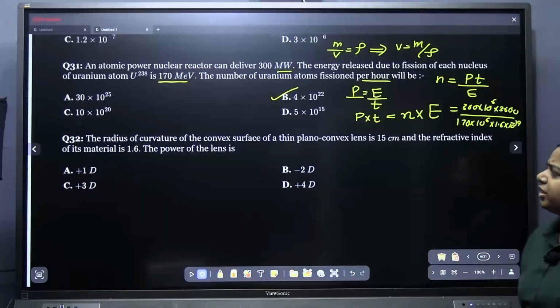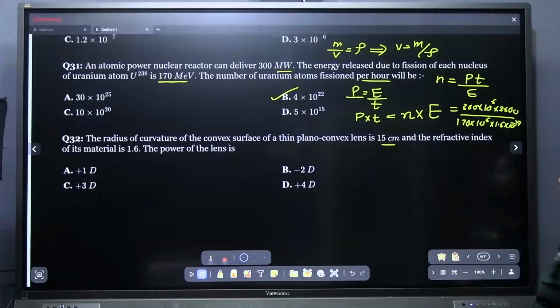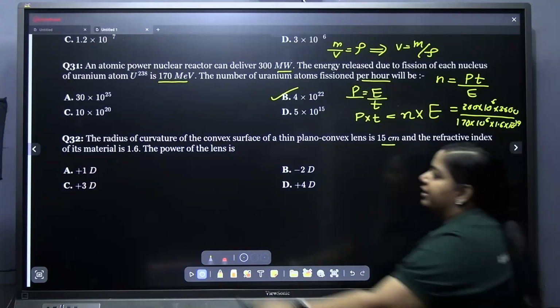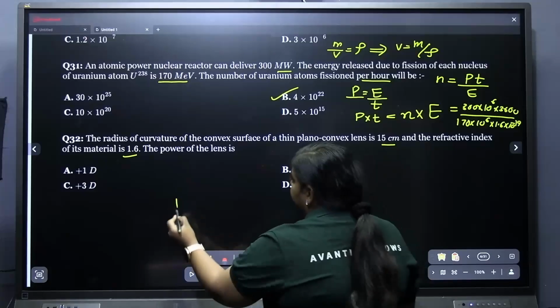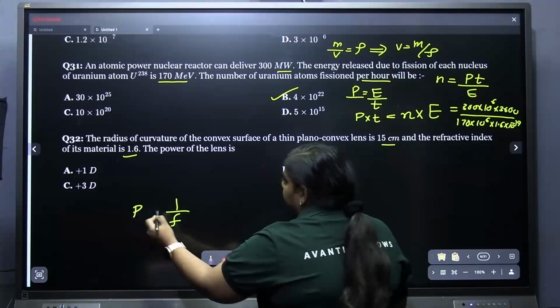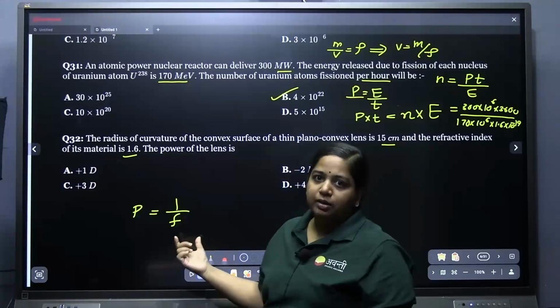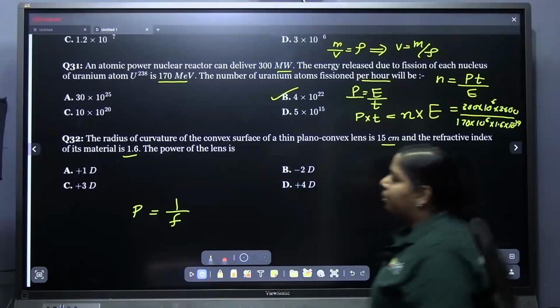Next one, the radius of curvature of the convex surface of a thin plano convex lens is 15 centimeter. The refractive index of the material is 1.6. We have to calculate the power of the lens, 1 by F, but F should be in meters. Then you will get the power.